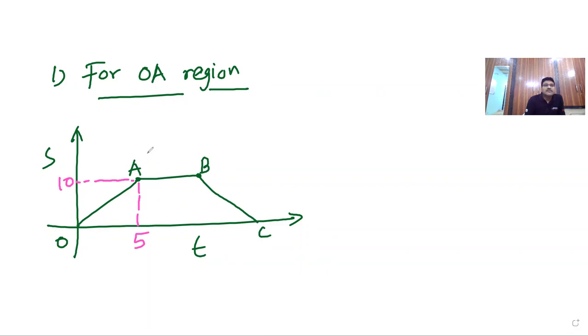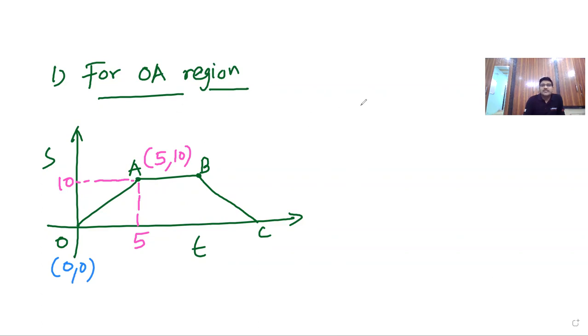So the coordinates of A: x coordinate is 5, y coordinate is 10. And the coordinates of the origin are 0, 0.